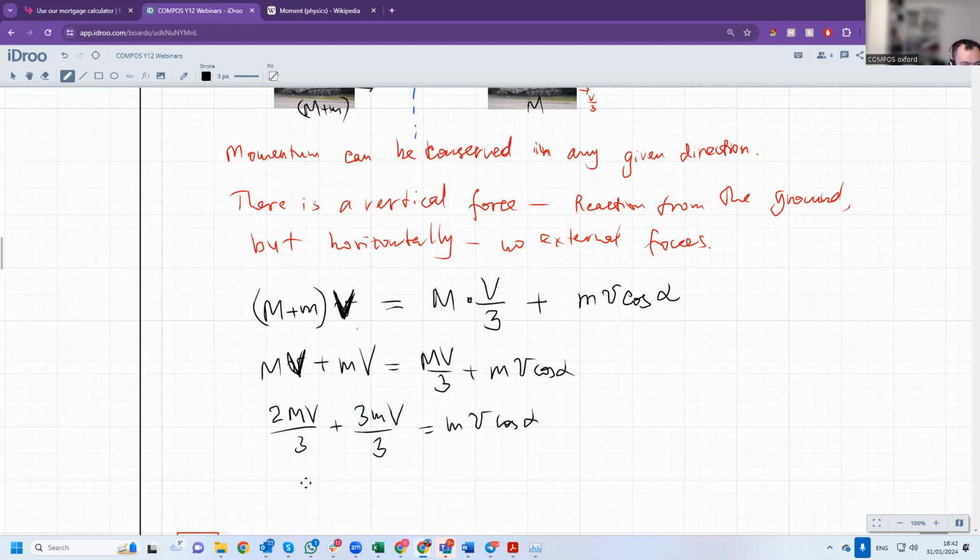So v equals (2m plus 3m) divided by 3m cos alpha, multiplied by v. That's the answer.